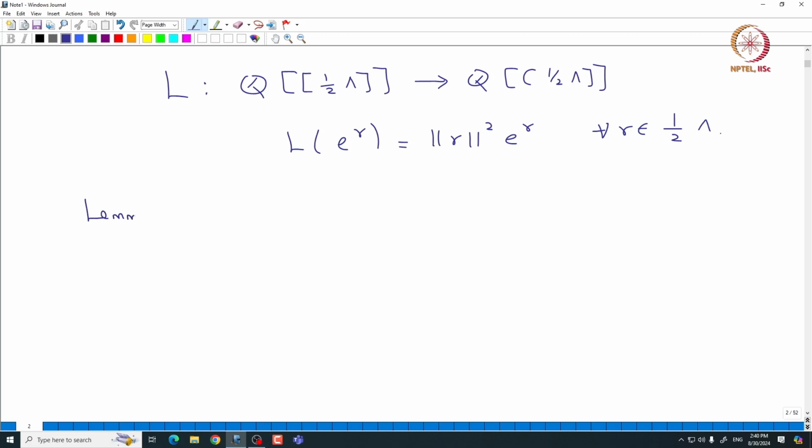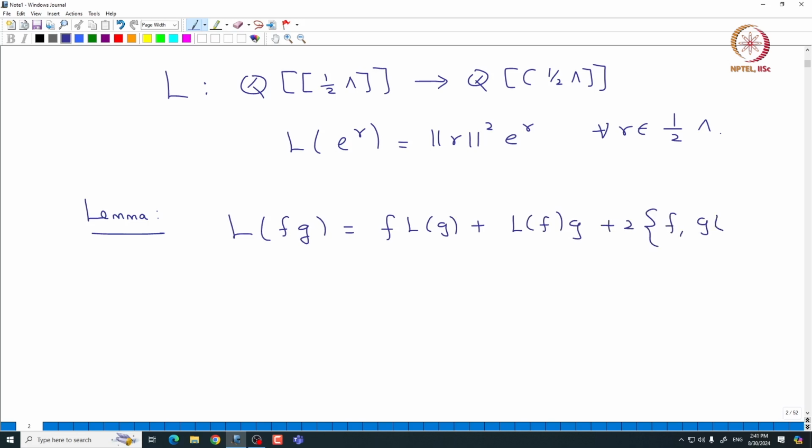This is very easy to prove, so I will just recall it. L of FG is given by F times L of G plus L of F times G plus twice the bilinear form bracket F, G, for all F, G inside Q double bracket of lambda.